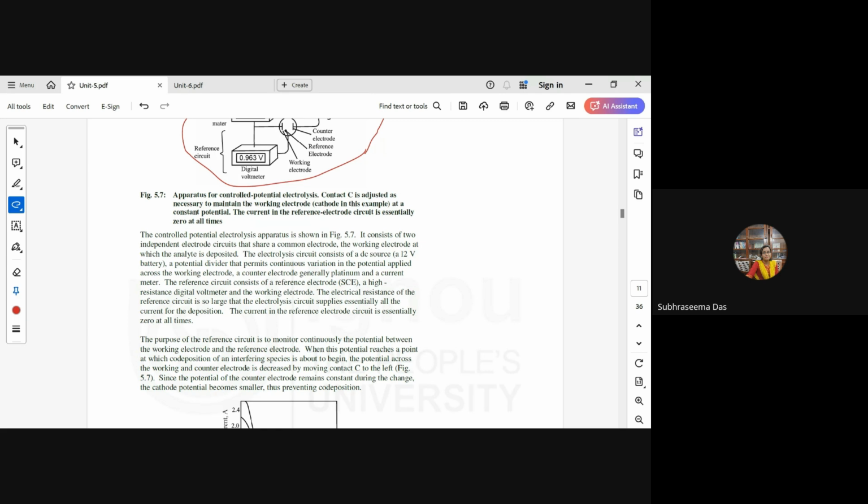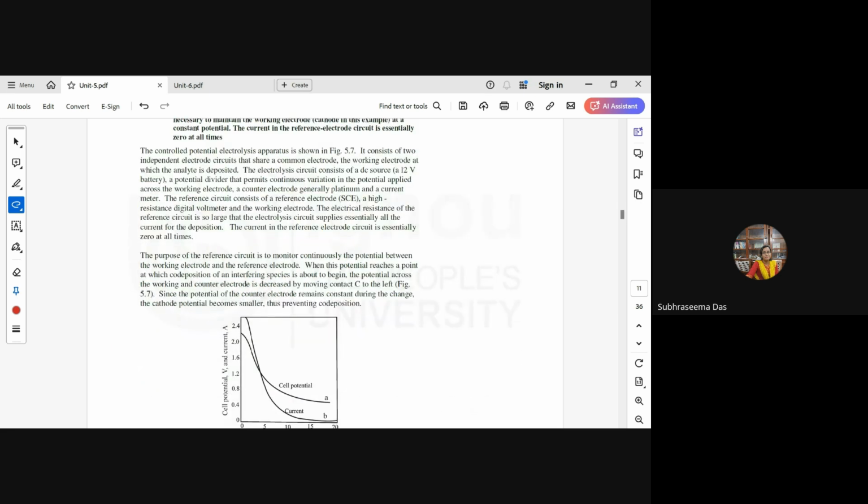A counter electrode and a current meter are also present. The reference circuit has a reference electrode, that is a standard calomel electrode, a high resistance digital voltmeter and the working electrode. The electrical resistance of this circuit is so large that the electrolysis circuit supplies all the current required for the deposition of the metal. The current in the reference electrode circuit is essentially zero at all times.